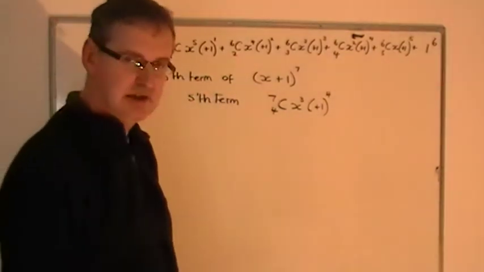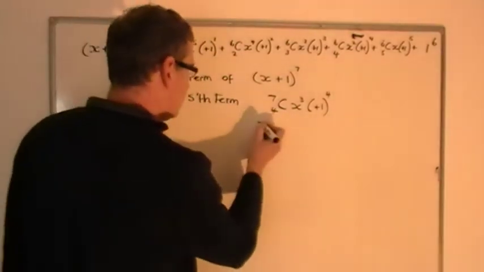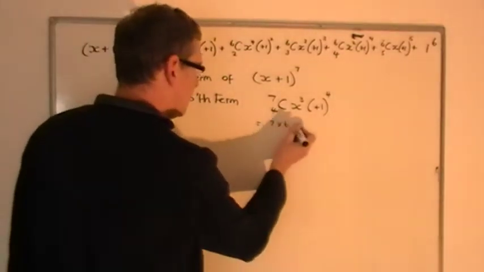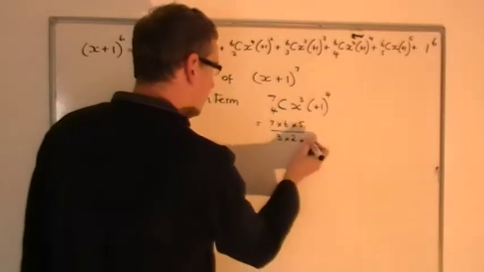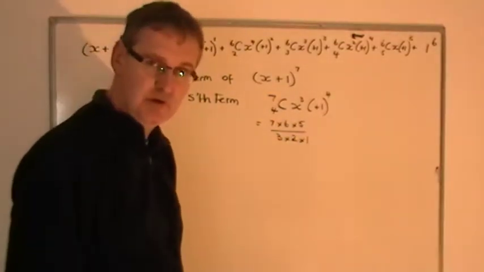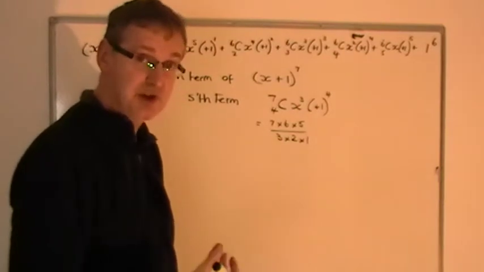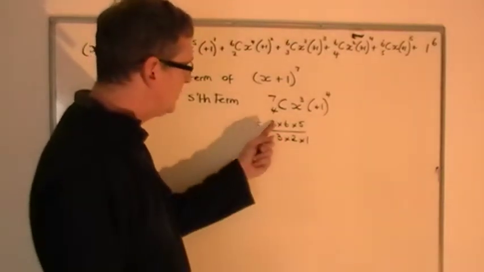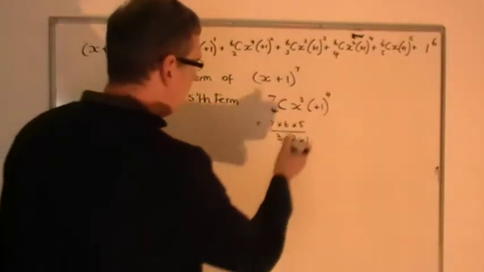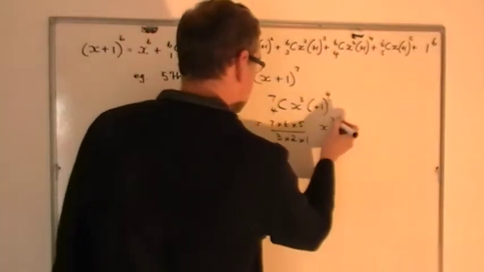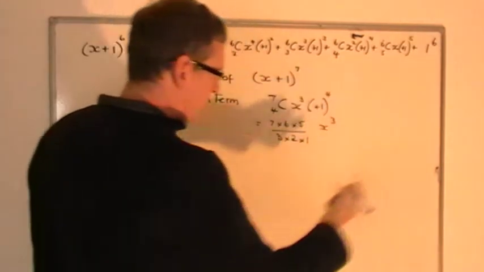And that's it. Let's just tidy that up. So 7 choose 4 is obviously 7 by 6 by 5 over 3 by 2 by 1, because remember 7 choose 4 from symmetry is the same as 7 choose 3, so I only need to do 7, 6, 5 over 3, 2, 1, by x cubed by 1 to the 4, which is 1, so I don't need it.